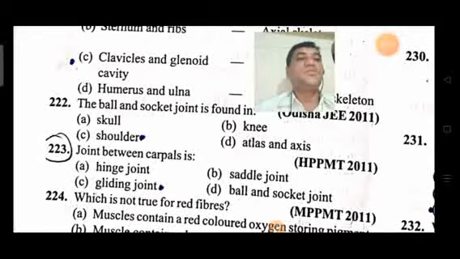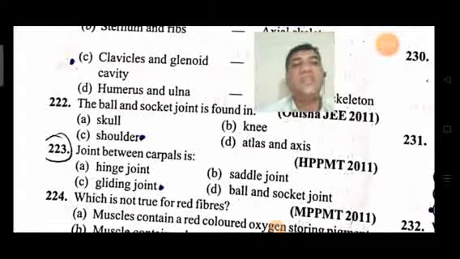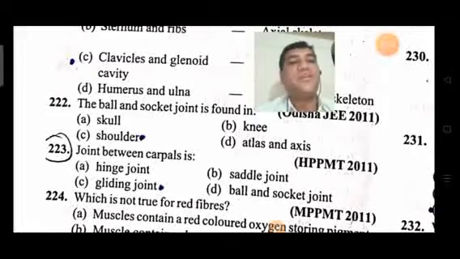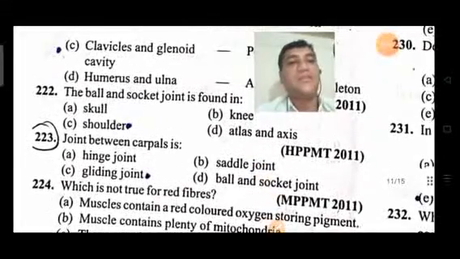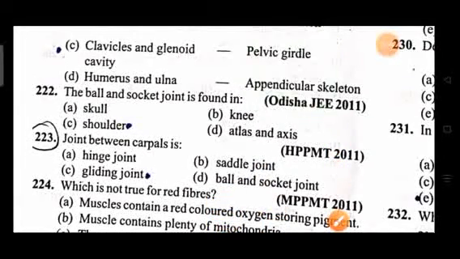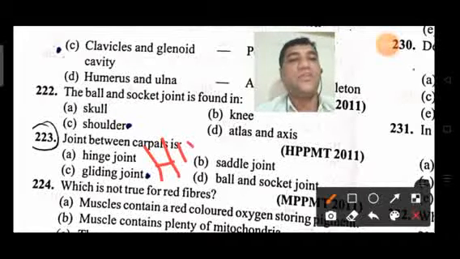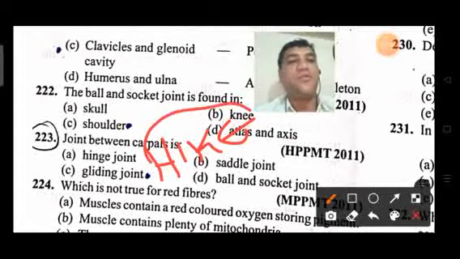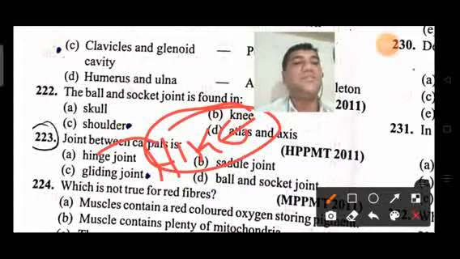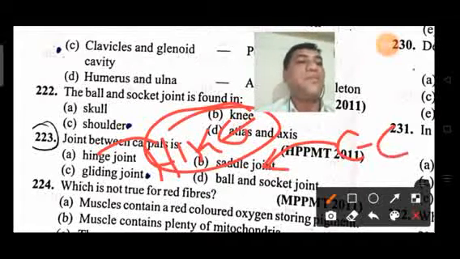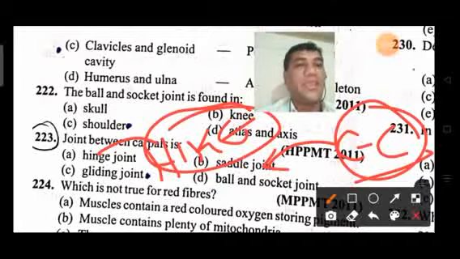Here, the joint between carpals: already we have discussed that hinge joint means knee portion. Hinge means you need to remember that hike. That is hinge joint, knee and elbow. This is concerned with the hinge joint. Saddle joint between the carpals of the hand.